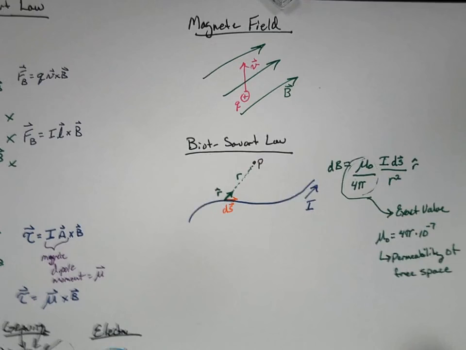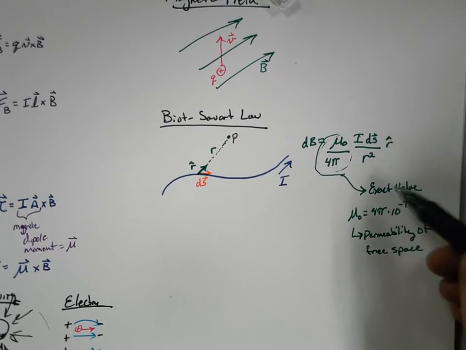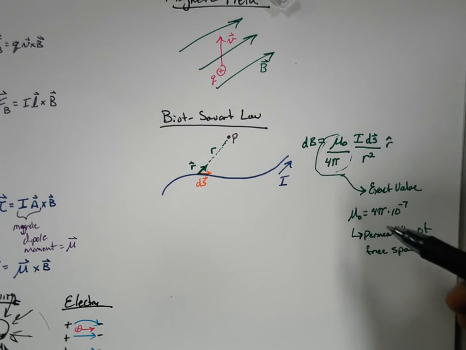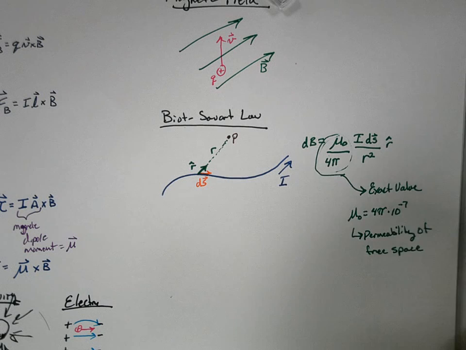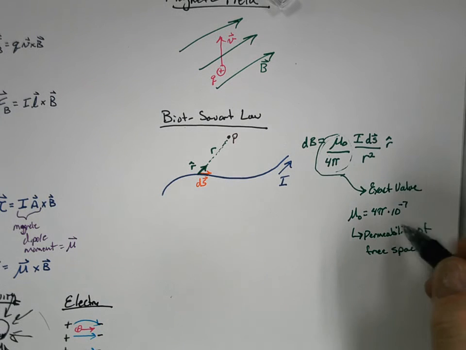What this really means is that this is a measure of how easily a magnetic field flows through free space. So what are the units of this going to be?